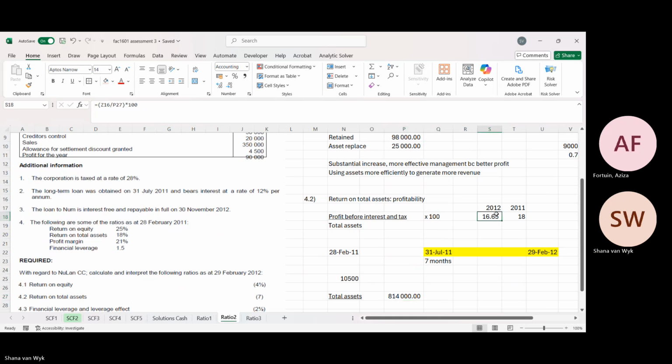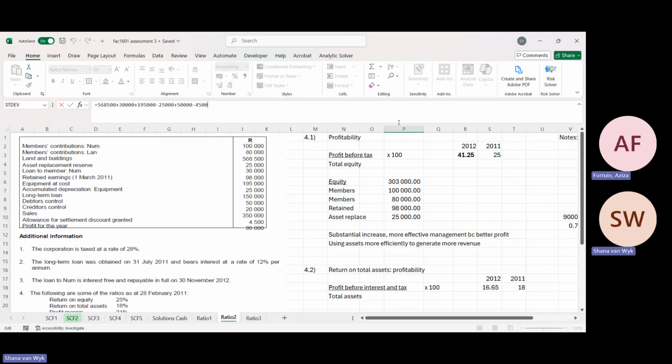And then I get 814. Okay, 16.65. Just go there, highlight it again. Should I have subtracted accumulated depreciation? Yeah, it should get off. And then 50,000 for debtors control. Is debtors control 50,000? Yeah. Should we add sales? No. And profit for the year?